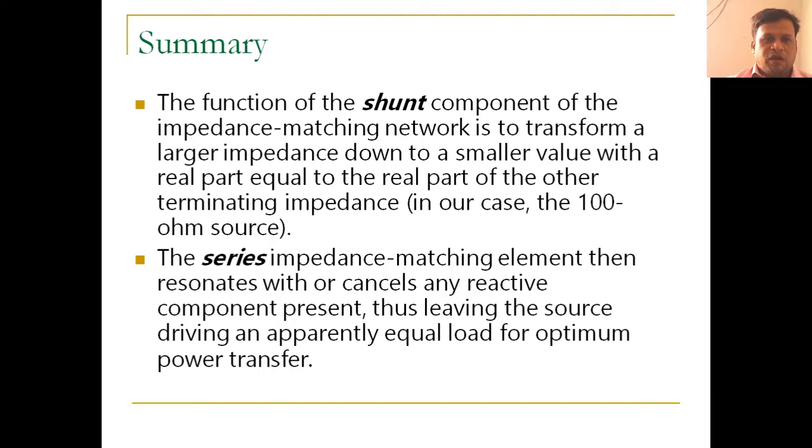Summary: the function of the shunt component of the impedance matching network is to transform a larger impedance down to a smaller value with a real part equal to the real part of the other terminating impedance, in our case the 100 ohm source.